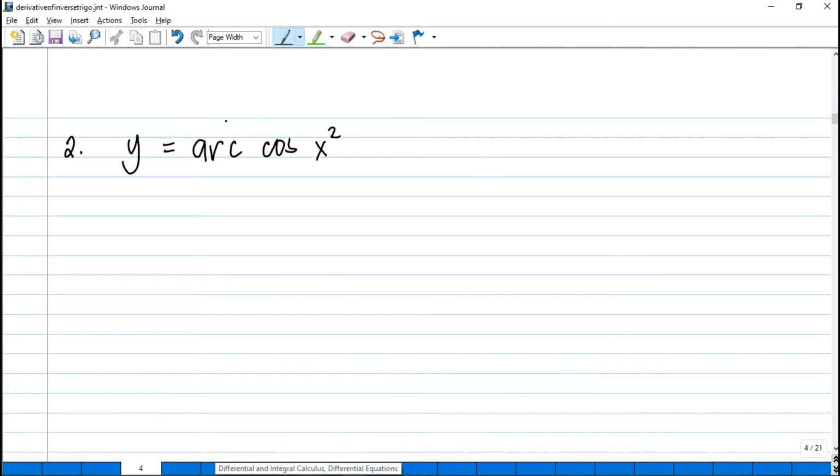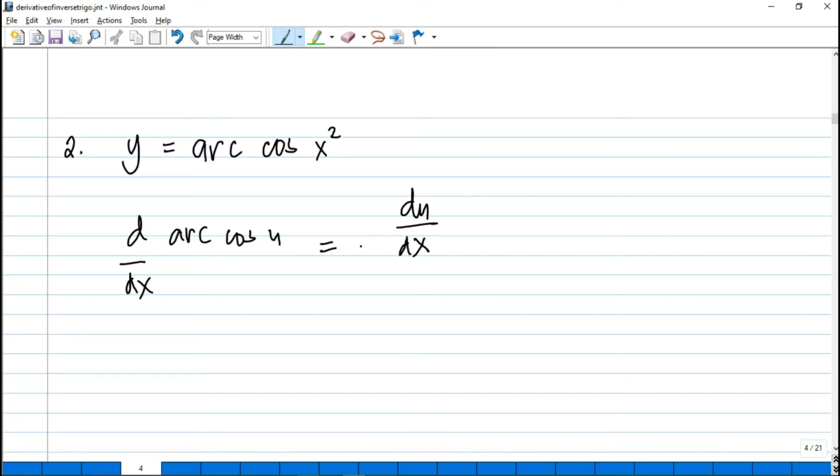For this next problem, we have y is equal to arc cosine x squared. So from the formula, the derivative of arc cosine u with respect to x is equal to negative du over dx all over the square root of 1 minus u squared.